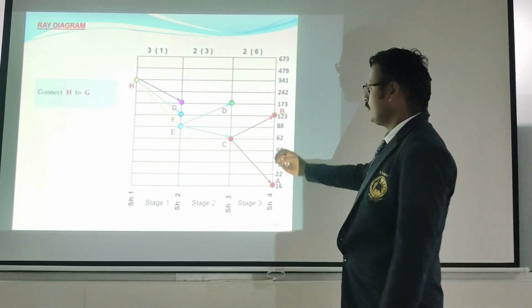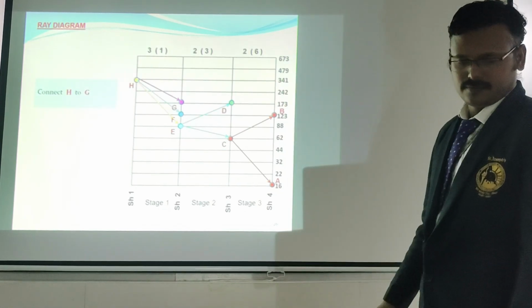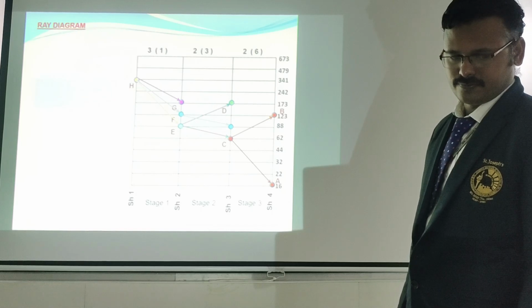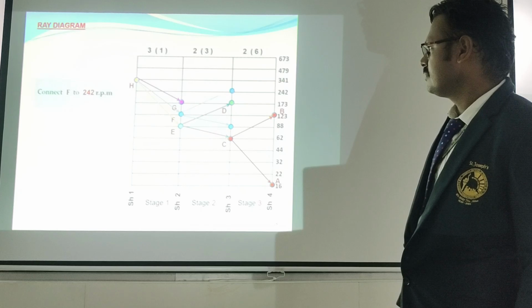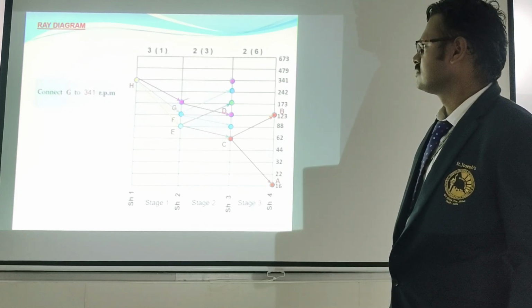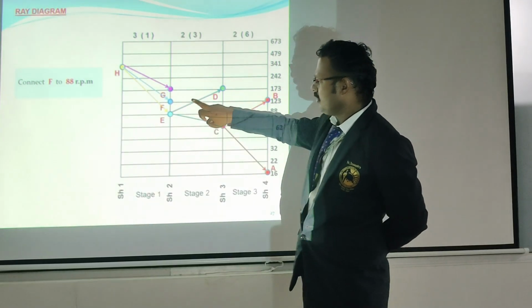So now I have to draw the parallel lines for the different speeds. Now I am drawing the parallel lines. Parallel to EC, we need to draw one line here.